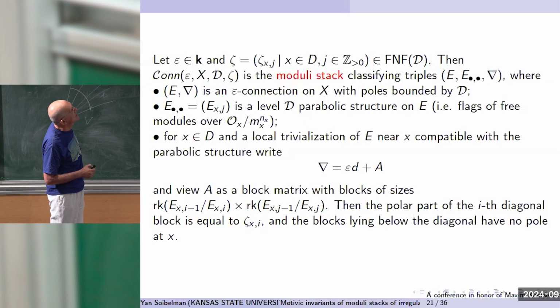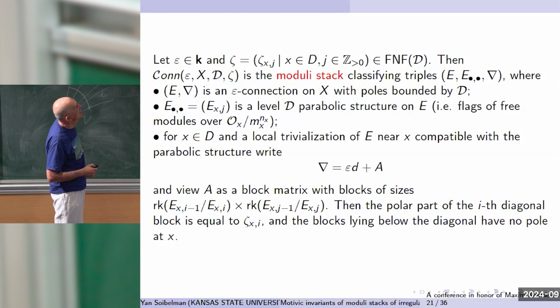What do we have here? Well, epsilon is just an element of our field. Well, x, we can probably skip because we do not consider any change of x. It's another interesting question. There is an additional possibility to move x along the moduli space of curves. We fix x.